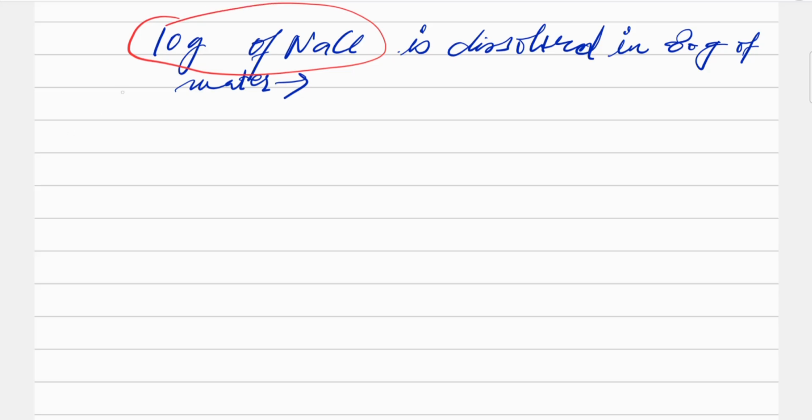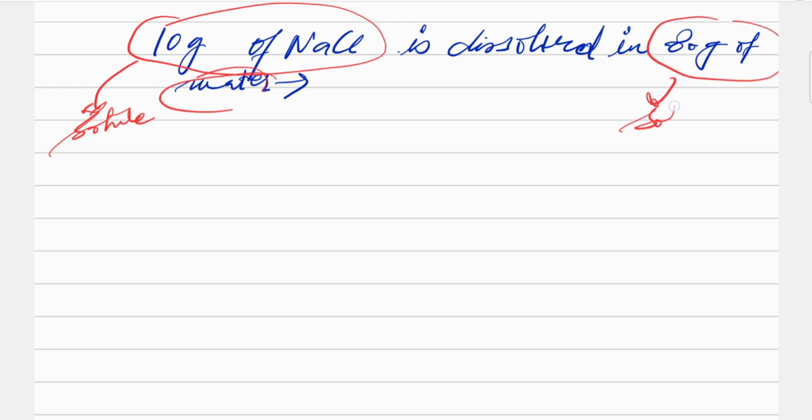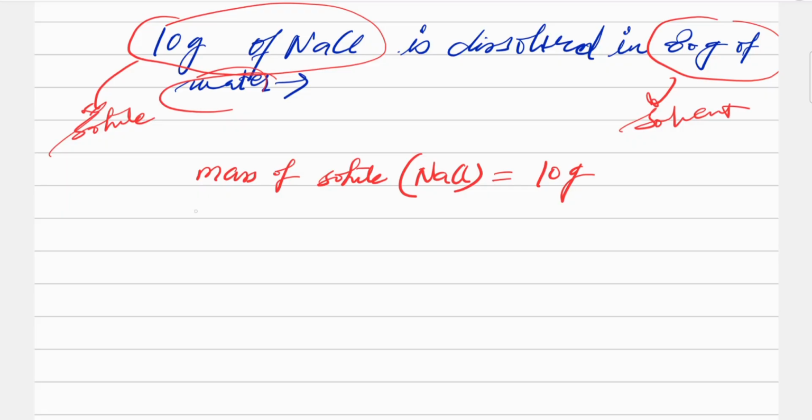The lesser amount is sodium chloride, so it is the solute, and there is more amount, 80 gram of water, so that is the solvent. So the mass of solute, NaCl, is 10 gram, and the mass of solvent, water, is 80 gram.